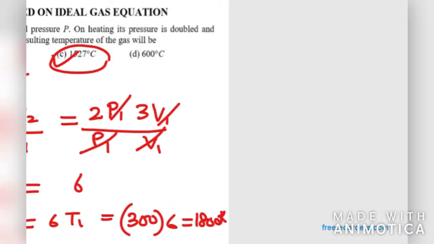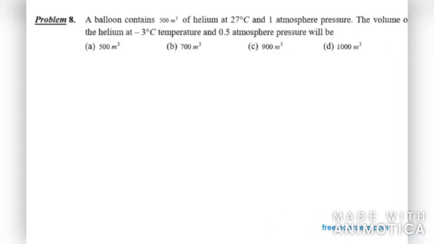Let us move on to the next one. A balloon contains 500 meter cube of helium at 27 degrees Celsius and 1 atmosphere pressure. The volume of the helium gas at -3 degrees Celsius temperature and 0.5 atmosphere pressure will be. So we need to find volume in this case.